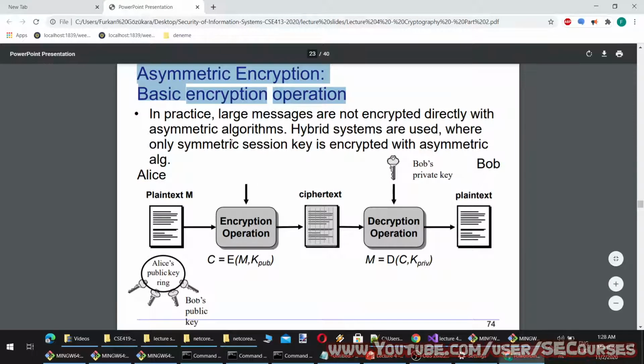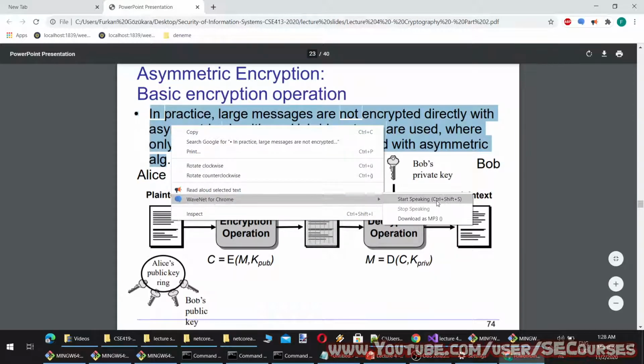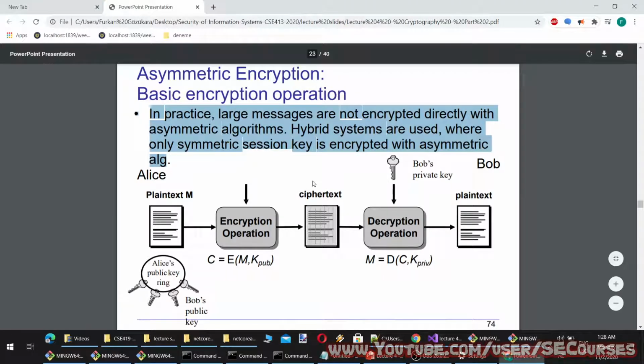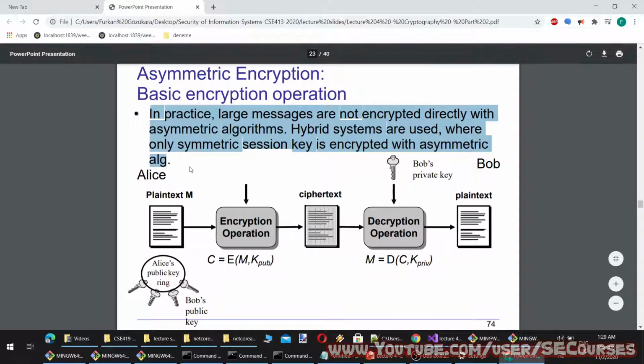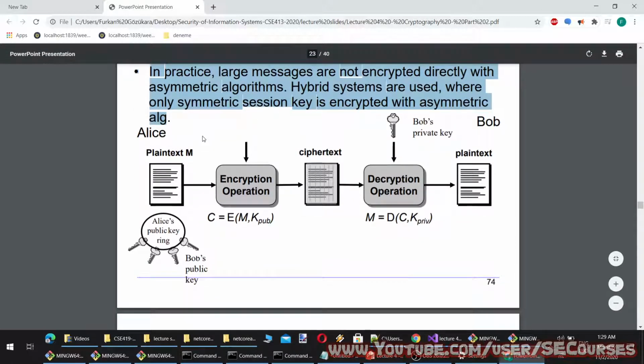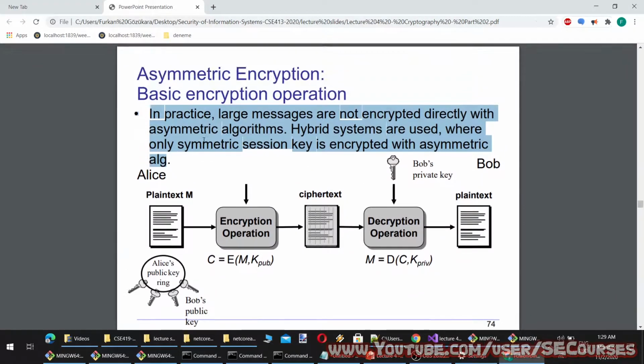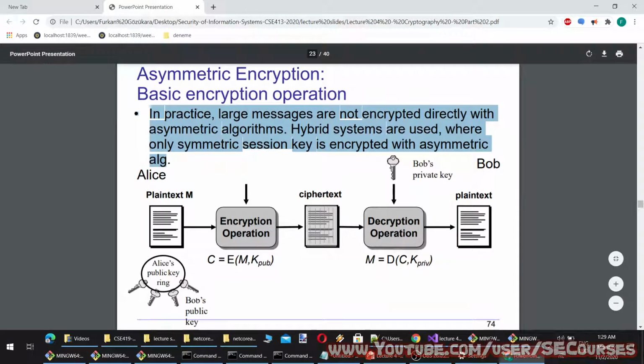Asymmetric encryption, basic encryption operation. In practice, large messages are not encrypted directly with asymmetric algorithms. Hybrid systems are used, where only the symmetric session key is encrypted with the asymmetric algorithm. For large messages, we don't use asymmetric encryption because it is more computationally expensive.